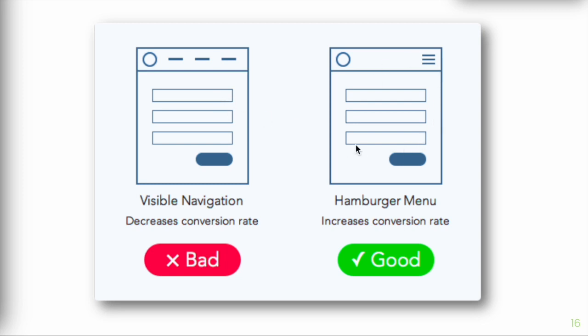While for your hamburger menu, all you have to do is show this icon and then they can click that and the menu will be shown. How many menus or how many items in that menu can be listed is quite not limited as compared to this design of menus. So this hamburger menu increases conversion rate.